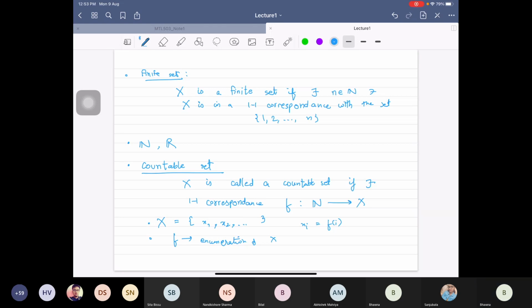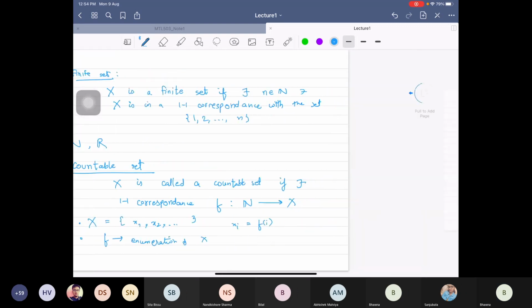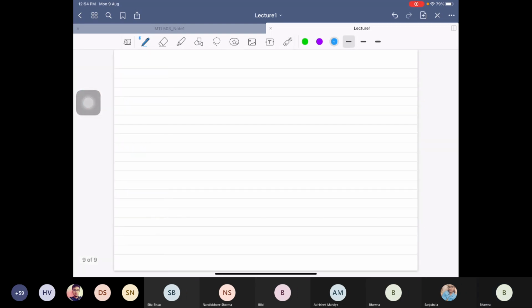In the tute sheet itself, we have the initial questions. I think questions 1 to 6 or 7 are about whether a set is countable or not. So please go and try those examples.